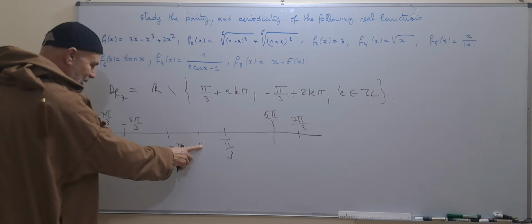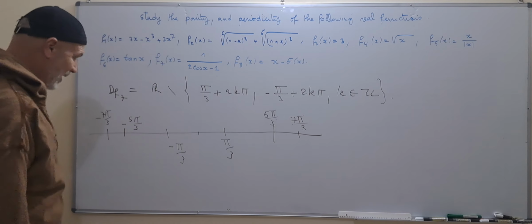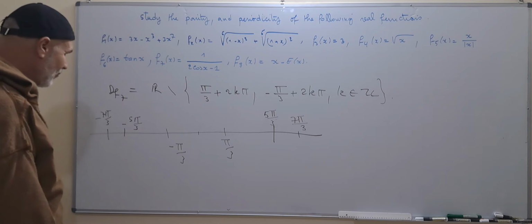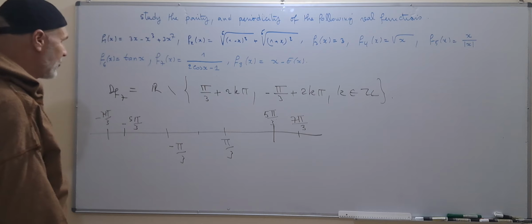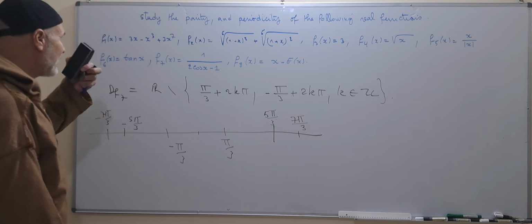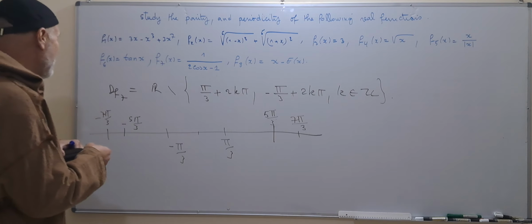They are symmetric, the domain is symmetric with respect to 0, sure. So we can discuss the parity of f7.